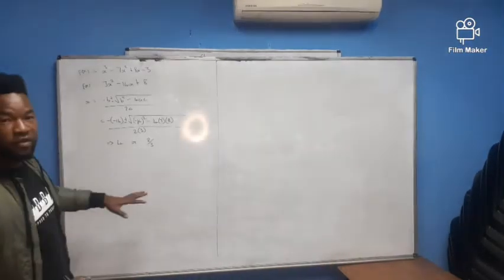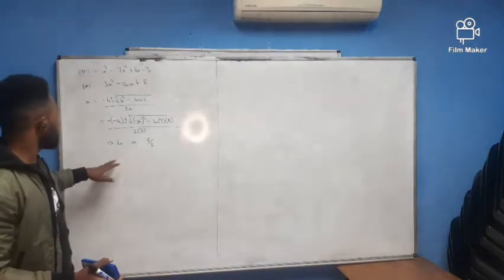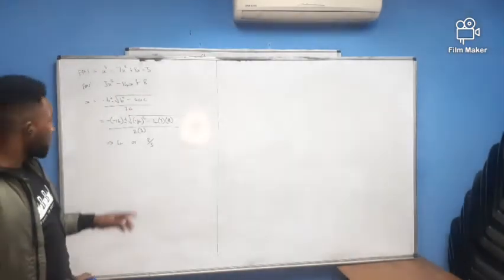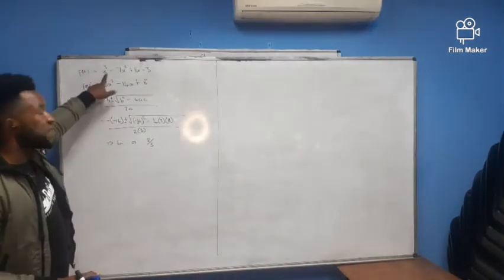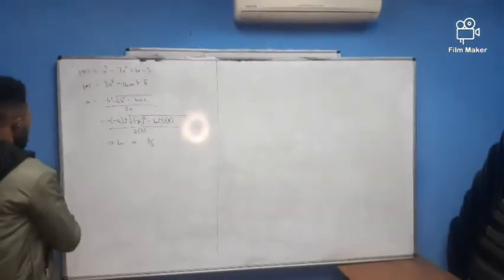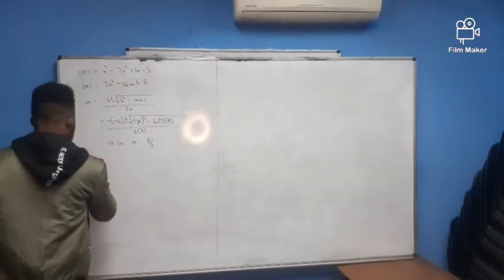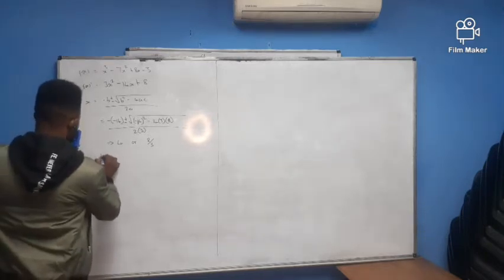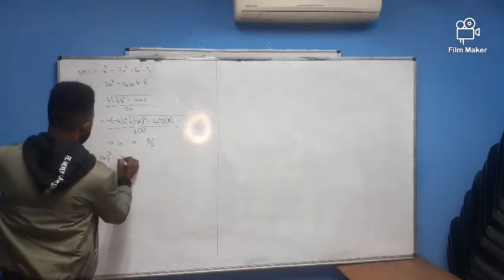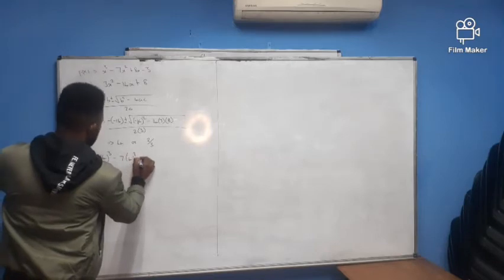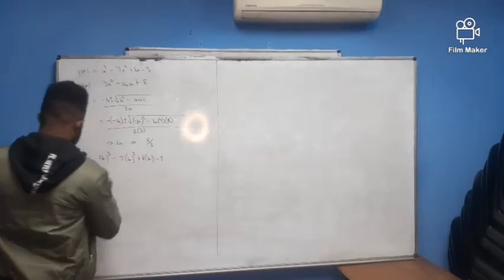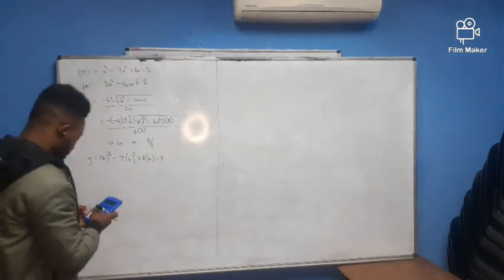And then to get my values of y, the same thing that we did on the first equation, I have to substitute into the original equation. So I'm going to substitute my 4 wherever I see x on the original equation to get my value of y. So this is going to be 4 cubed minus 7 times 4 squared plus 8 times 4 minus 3. Let me just quickly punch and see what we get.